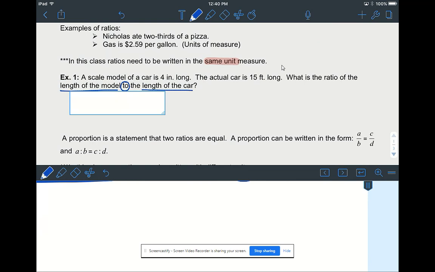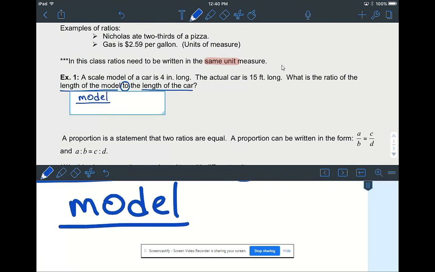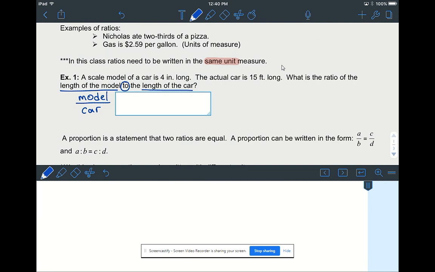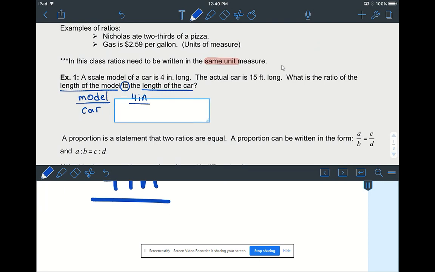So I'm going to write a word fraction over here: model to the actual car. The length of the model was 4 inches, and the length of the actual car is 15 feet.